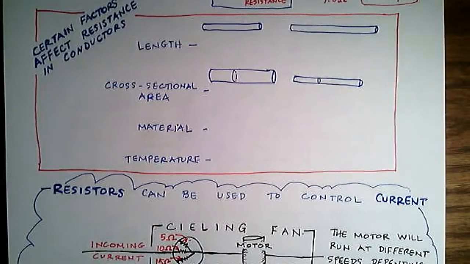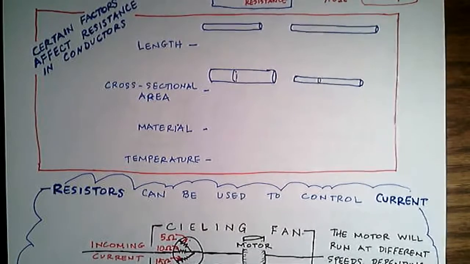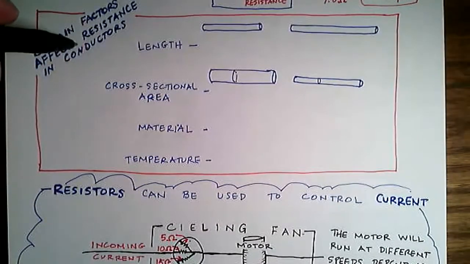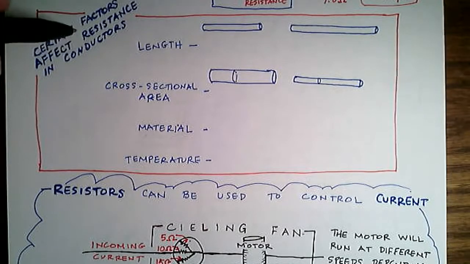There are certain factors, if we think about a conductor, like a wire, that are going to influence resistance in a conductor. And if you kind of think of this in terms of the water analogy again, this should kind of make some sense to you.